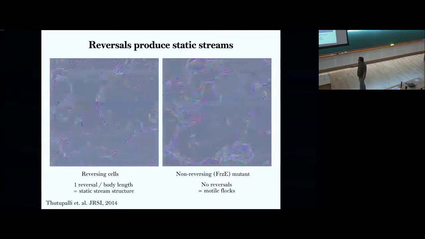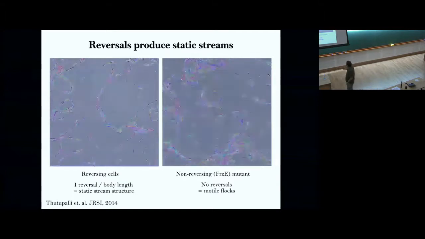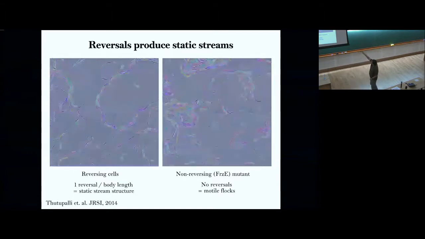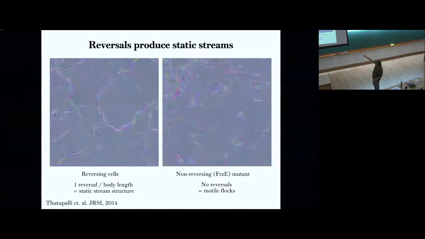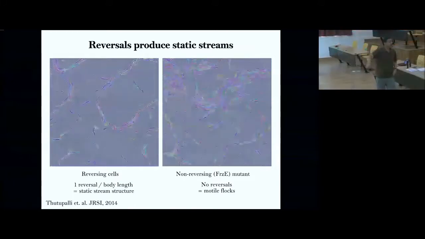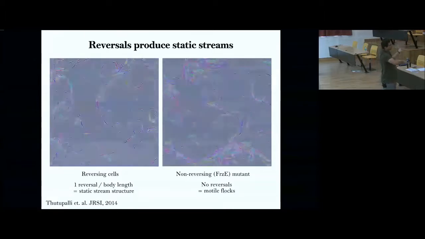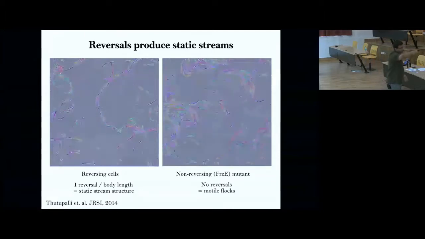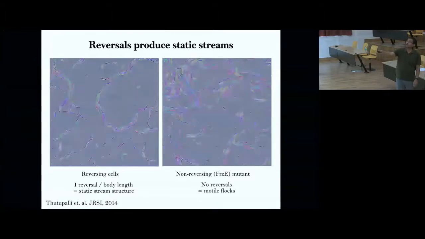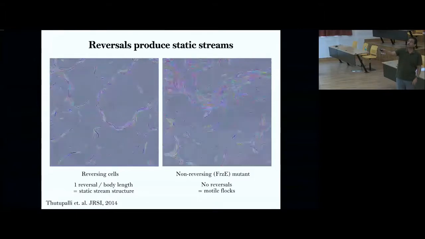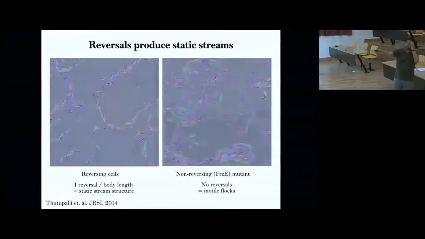Okay, so what I showed you before was a situation corresponding to this mutant where this FrzE gene is knocked out. What that does is it suppresses these reversals and the cells just go in one direction, and that causes them to form these large groups which flock around and so on.